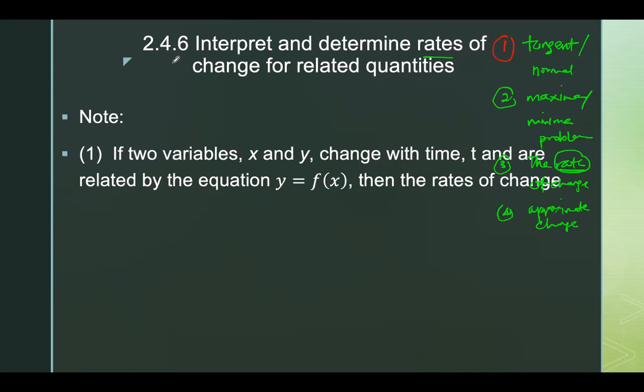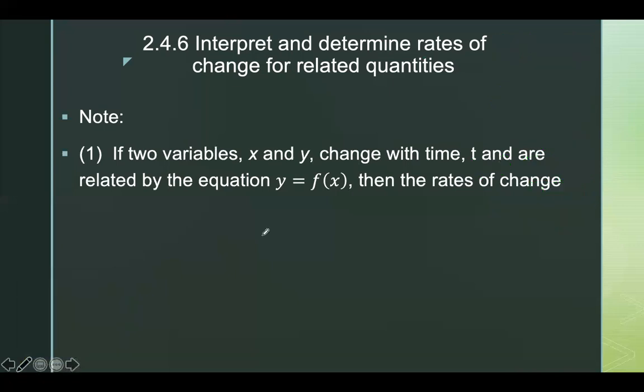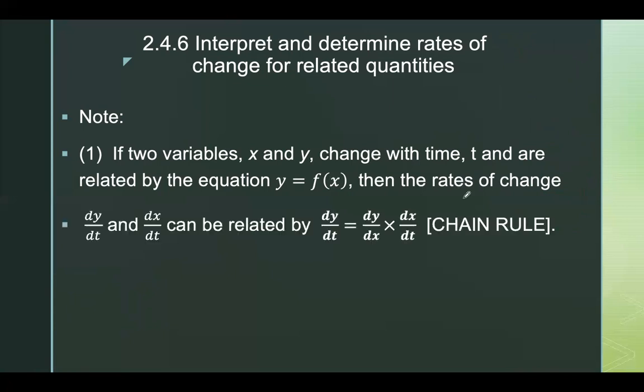All right, so if two variables x and y change with time t and are related by the equation y equals f(x), then the rates of change dy/dt and dx/dt can be related by dy/dt equals dy/dx times dx/dt.